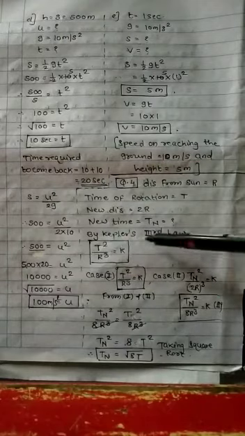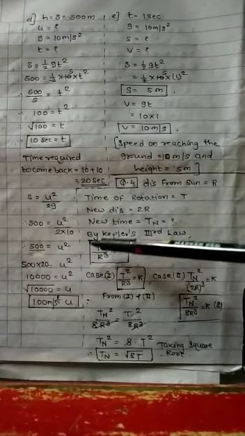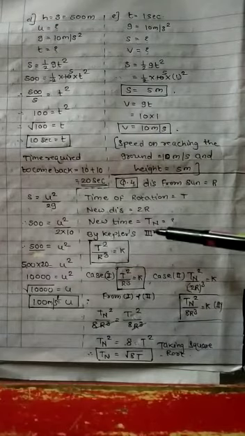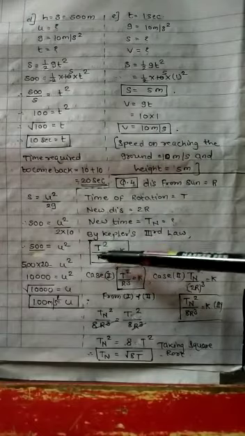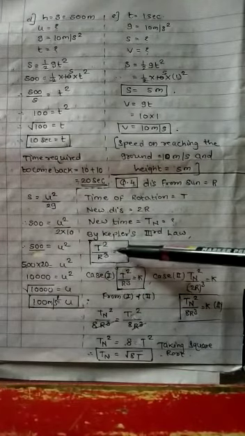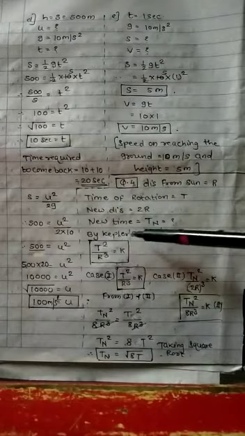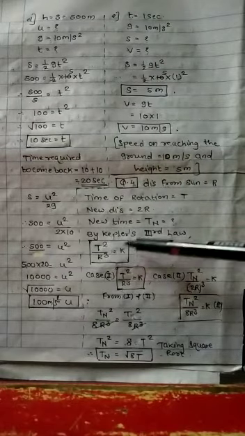So by Kepler's third law we have a formula about the time period of revolution and the distance, that is t square upon r cube is equal to k. This formula we already saw last time, that is Kepler's third law. T square upon r cube is equal to k.